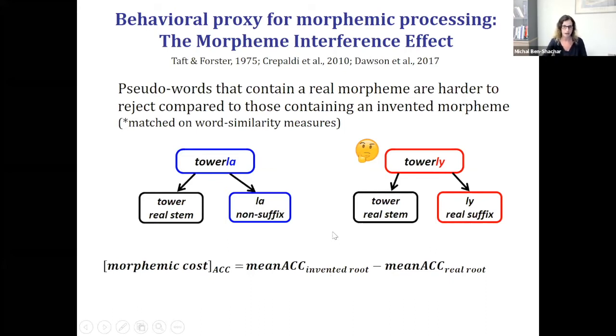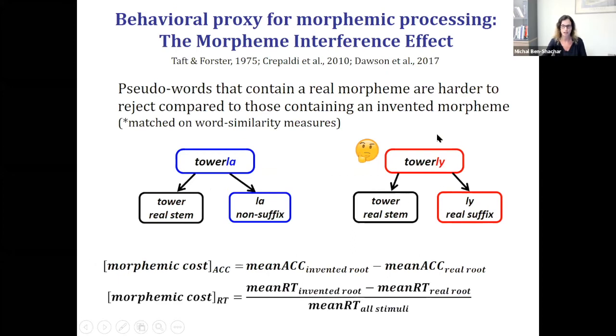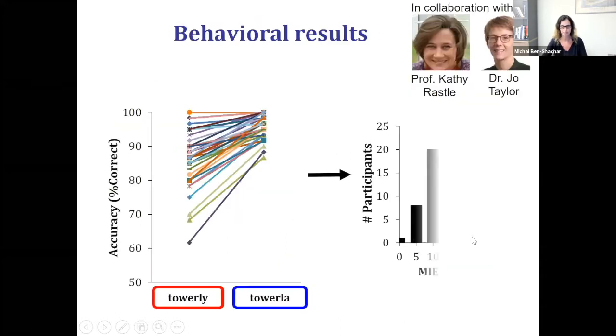And we can quantify how hard it is for each individual in terms of accuracy, in terms of reaction time, to reject these weird pseudo-words. And that's going to be our measure of morphological sensitivity.